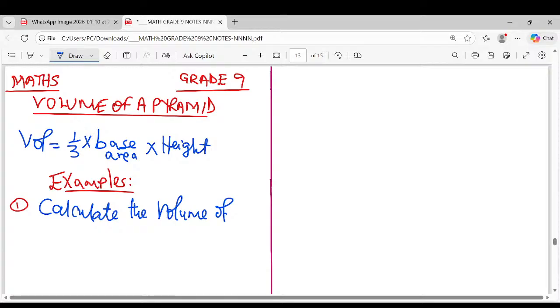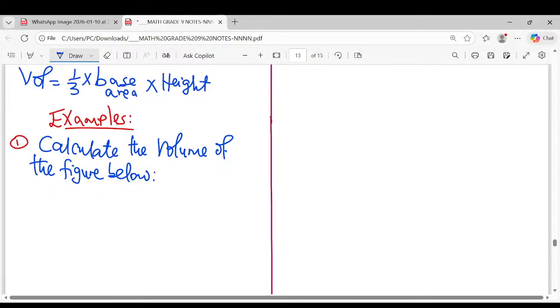And here is our figure. You can have a figure like the one I'm drawing here.